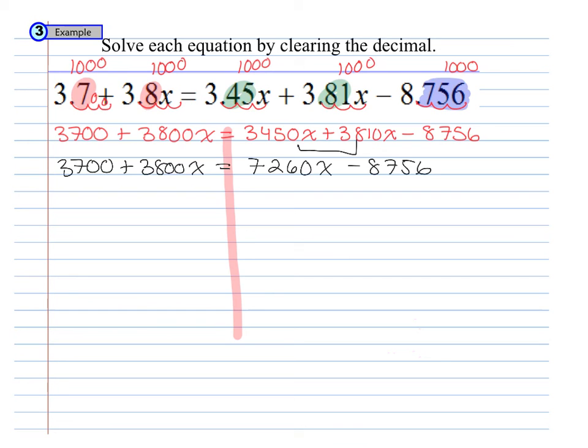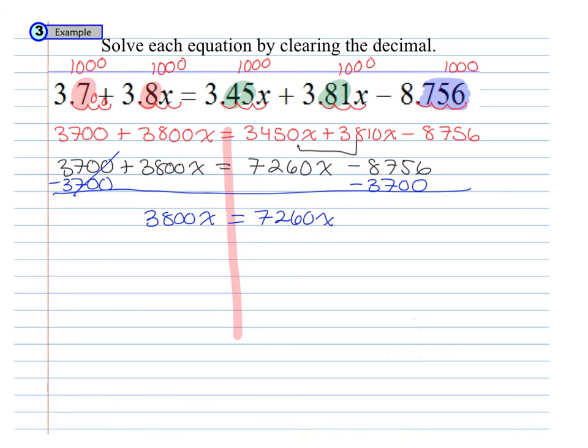I'm going to move my 3,700 to the right side because I want all the numbers together. That means this becomes a 0, and I'm going to have 3,800x is equal to 7,260x. Since both of these are negative, we're going to add them and keep the sign. So we're going to get negative 12,456.